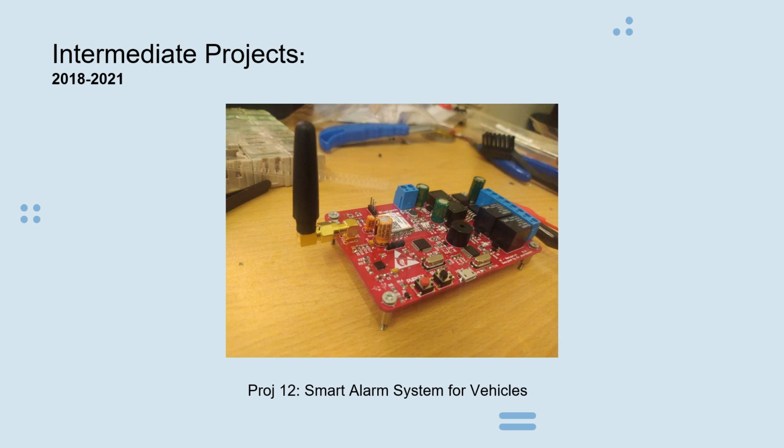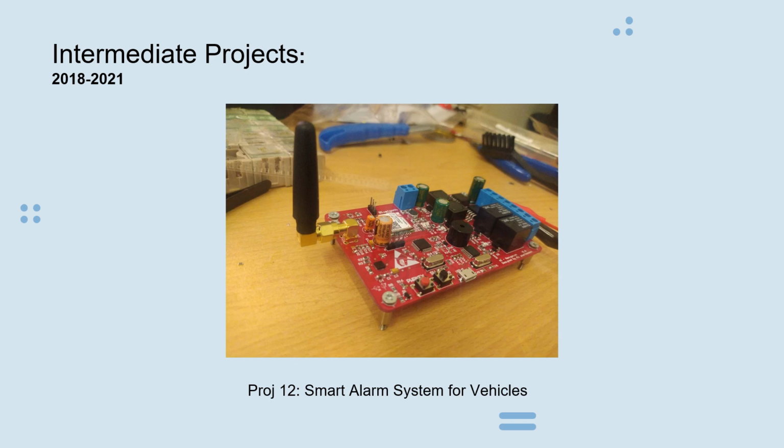Okay, this board is a smart alarm system for vehicles. The board has a GPS, microphone, and SIM800C modules to connect to the internet and get or send SMS. A microcontroller, a gyroscope sensor, and a relay for the output.